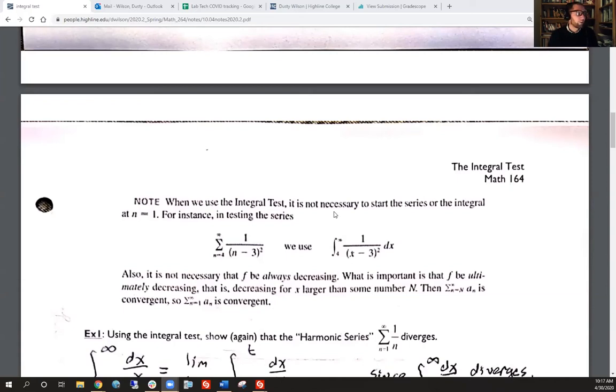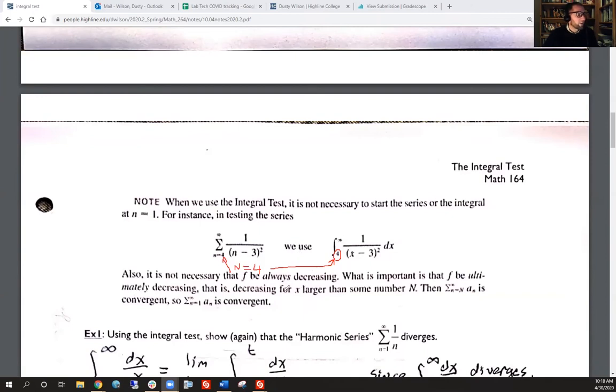For instance, in testing the series here, notice we're starting at n equals 4. So you see the n equals 4 there. And over here, we would start with the lower bound of 4 as well. So they are going to match, but they don't have to be at 1.